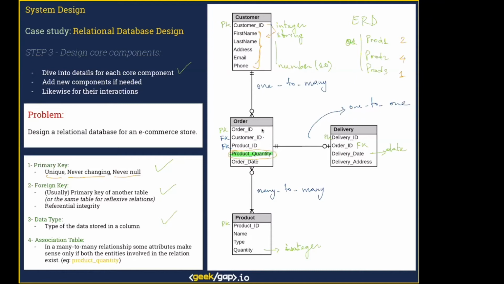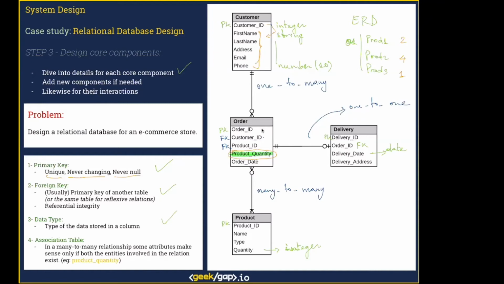So how are you going to do that? It's not very optimized. So that's why we need what we call an association table.